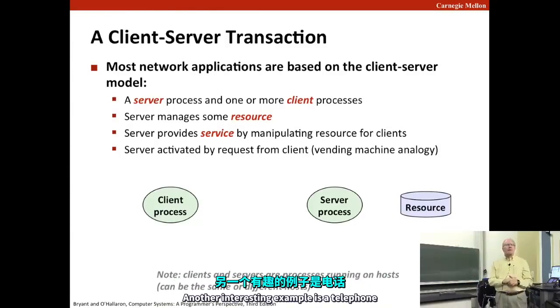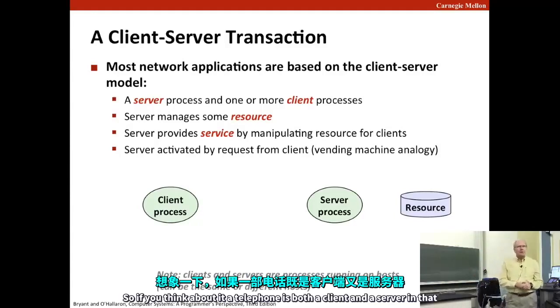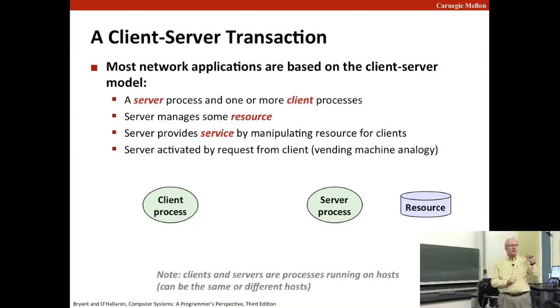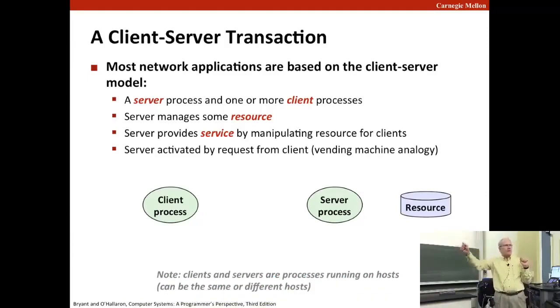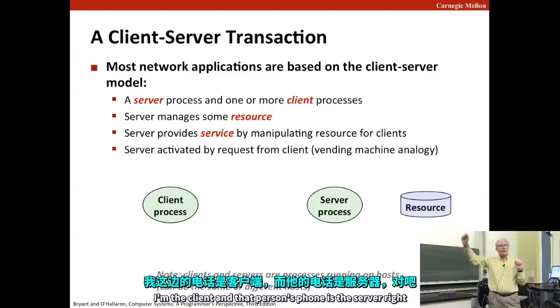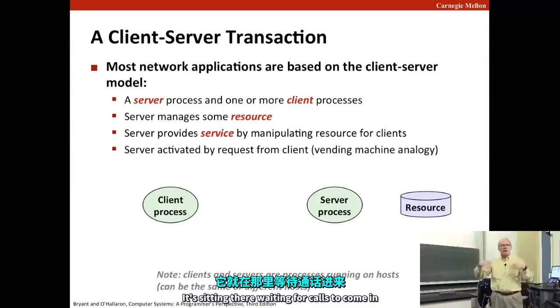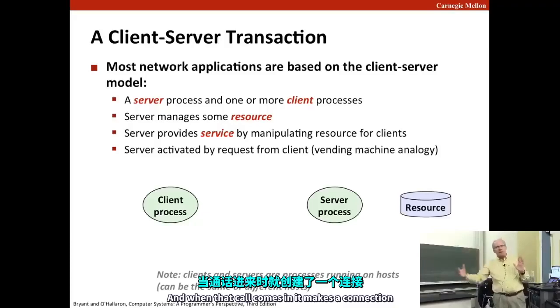Another interesting example is a telephone. So if you think about it, a telephone is both a client and a server, in that when I'm placing a call to somebody else, I'm the client and that person's phone is the server, right? It's sitting there waiting for calls to come in, and when that call comes in, it makes a connection.